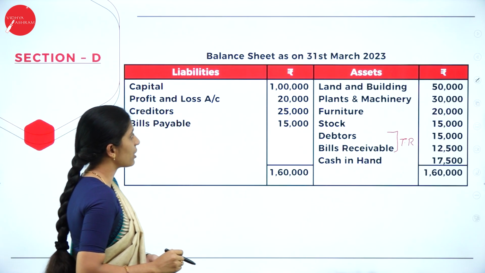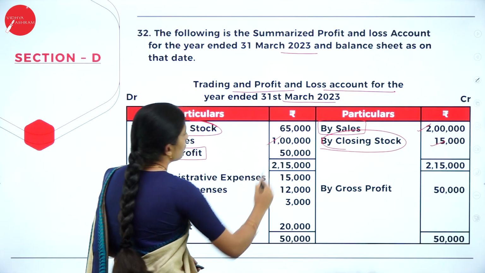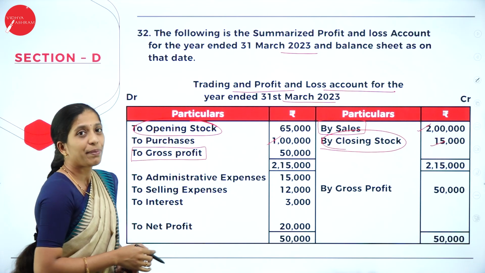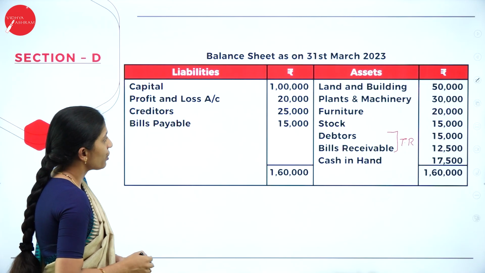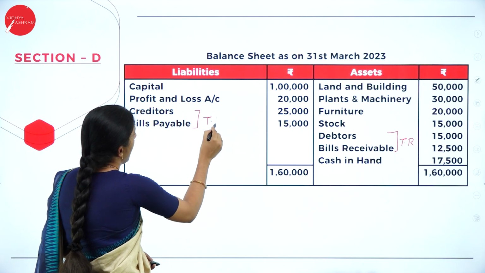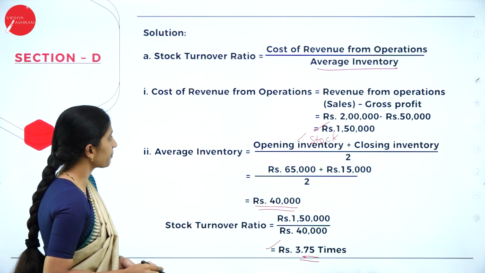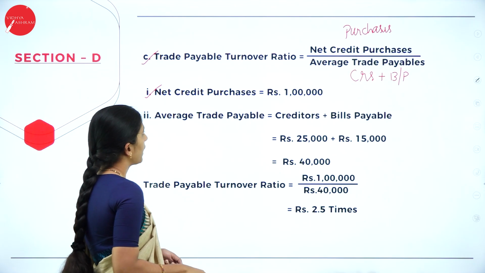Net credit purchase, I have told you, is nothing but your purchases. So, let's see how much they have given. On the debit side, purchases is 1 lakh, divided by average trade payable. So, it's your creditors plus bills payable, 25,000 plus 15,000. Let's see how we have calculated.